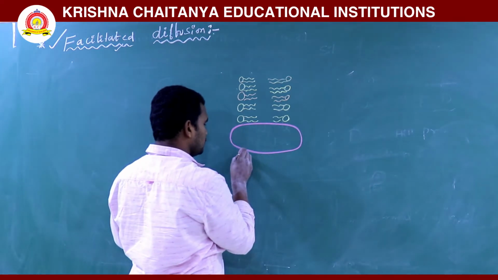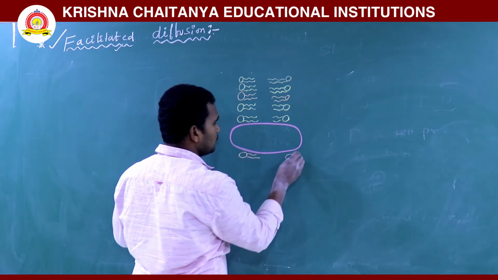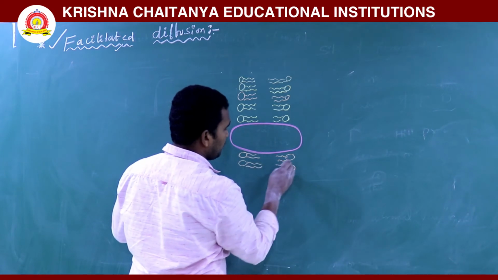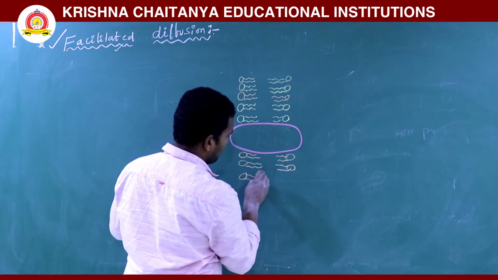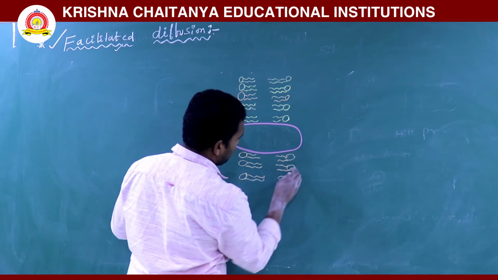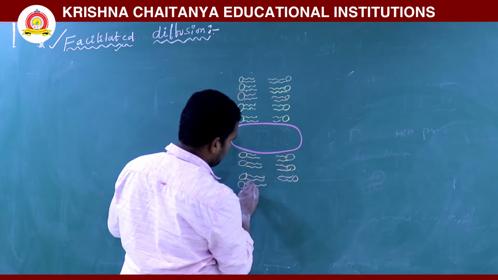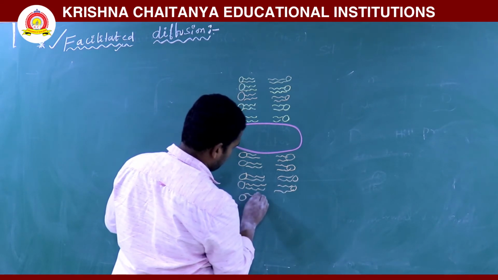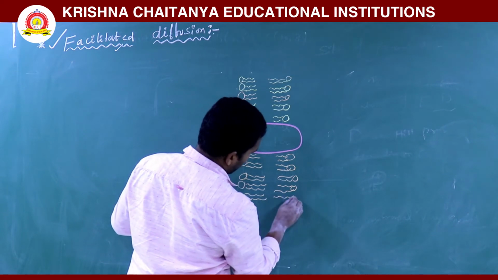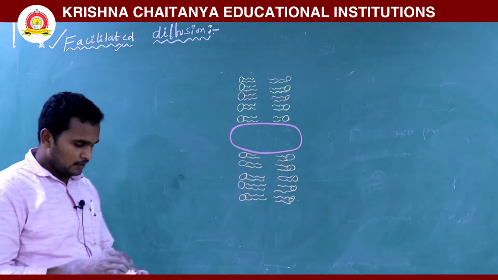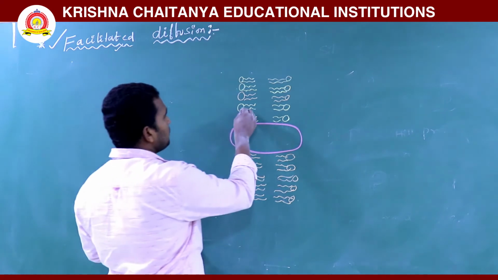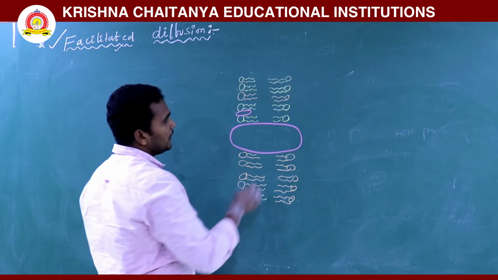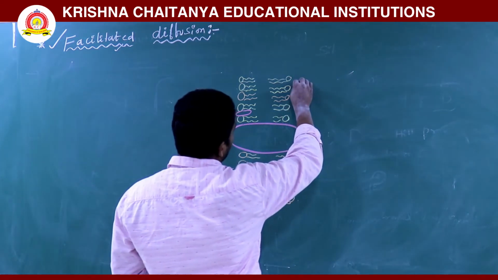See here, this is the membrane. The membrane has some proteins: integral proteins and extrinsic proteins.